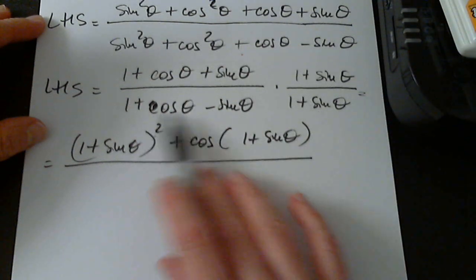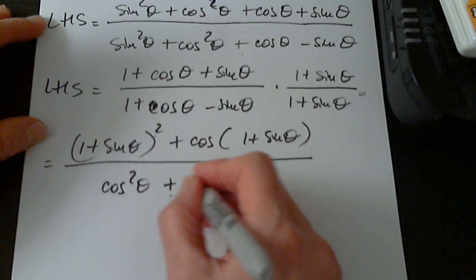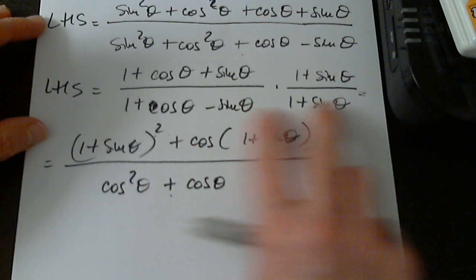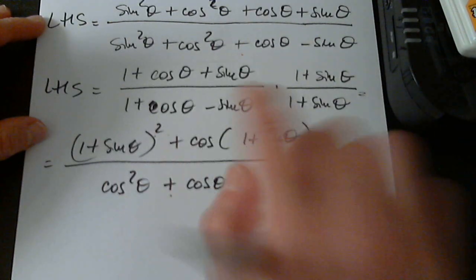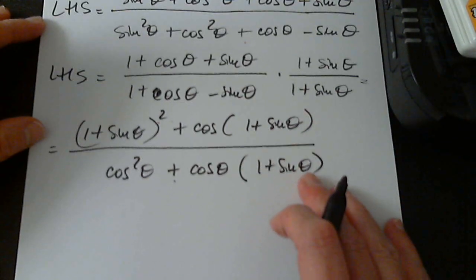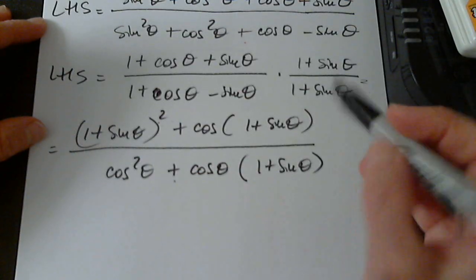When I multiply here, I get cosine squared theta plus cosine theta. I'll explain in a minute what I'm doing. I'm multiplying this by this, and I get cosine squared, and this by this. So when I multiply, okay.